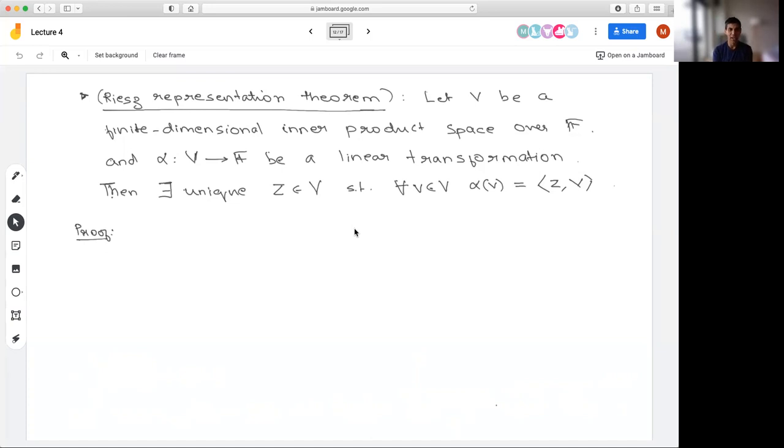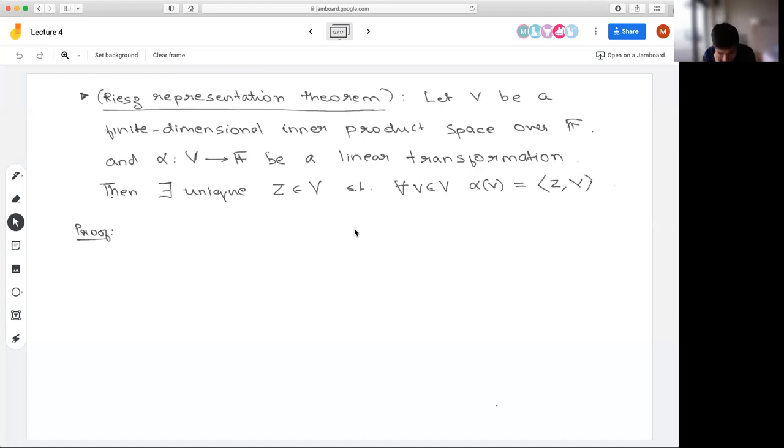And again, let's stick to finite dimensional inner product spaces for now. So yeah, you can think of it as kind of the adjoint of this very simple transformation. But let's say it's just a way of writing this linear transformation in a different way. It's called a different representation, and hence the name of the theorem.